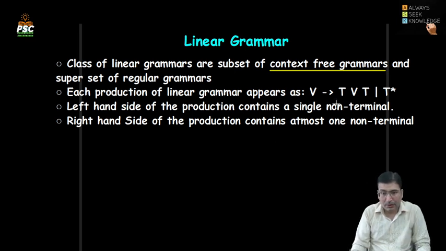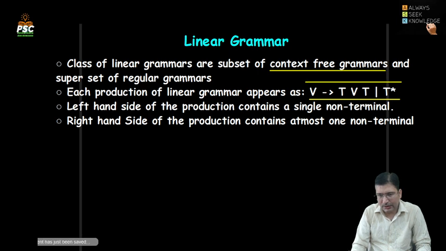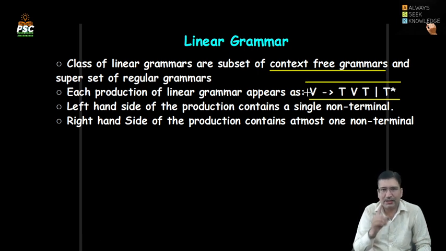The production rules in a linear grammar look like this: the left hand side has to be a single non-terminal, and the right hand side has a single variable, that is a non-terminal, or it can generate only a sequence of terminals.